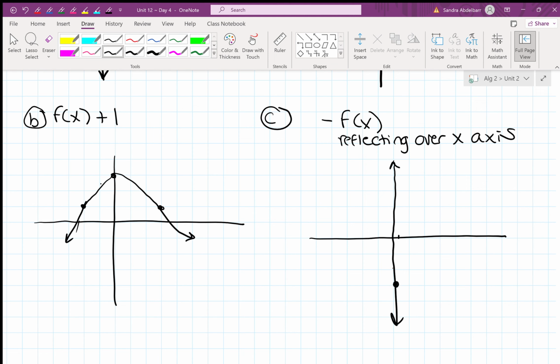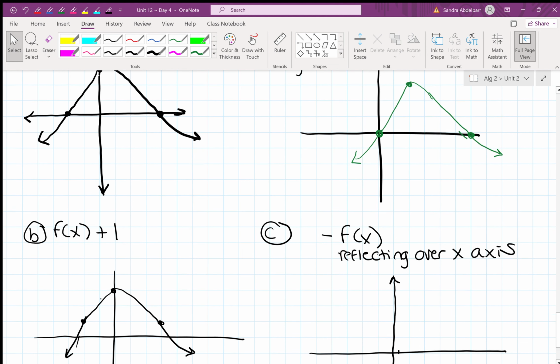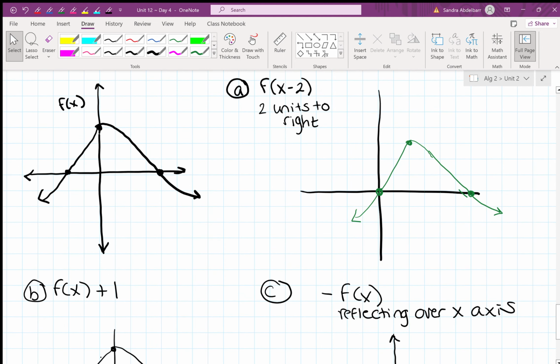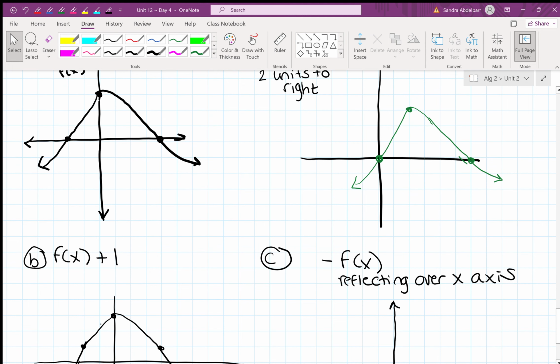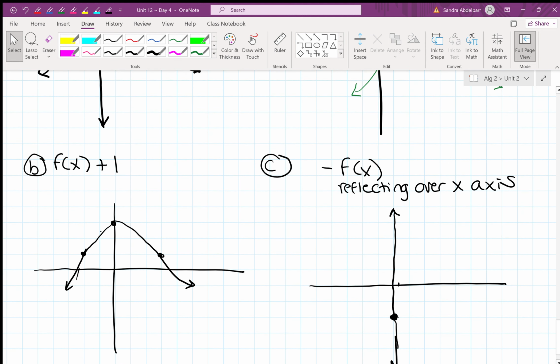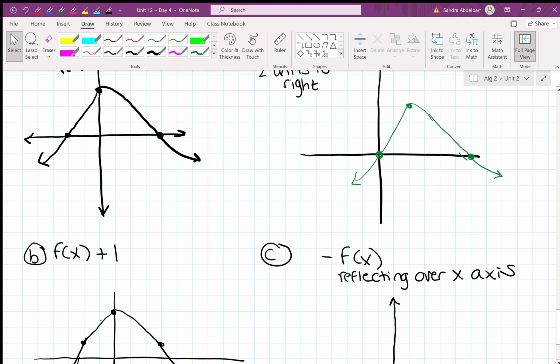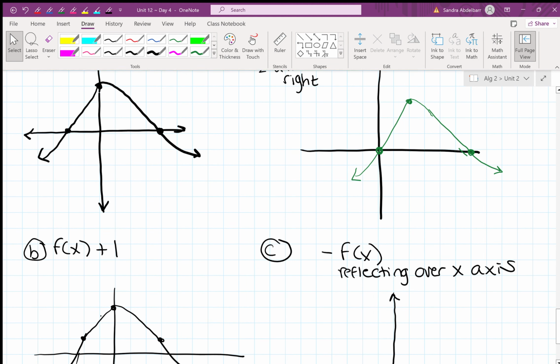What was the other one? It was 0, 2, sorry. So 0, -2. And then we were at 0, 1. Oh, did I shift the wrong one before? We're okay? So it was 0, 3 originally? Okay, sorry.